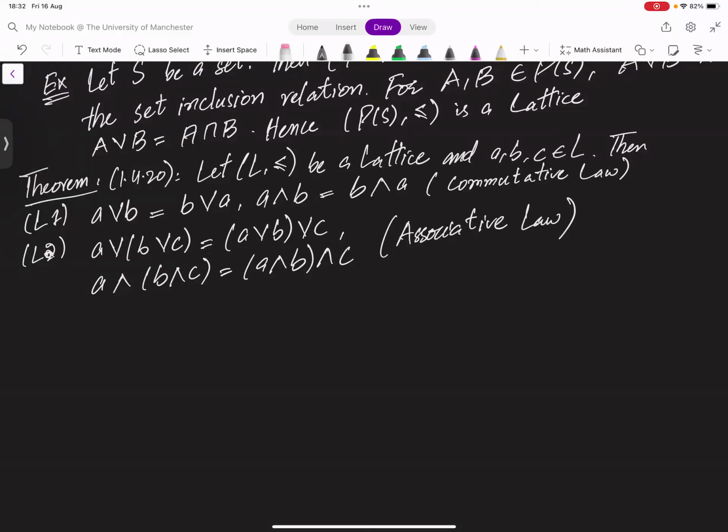Now L3 is A least upper bound A is A, and A greatest lower bound A is A, and this is the idempotent law.